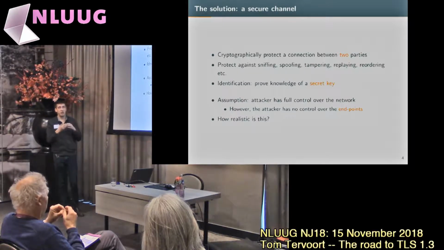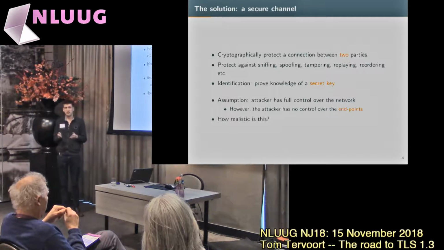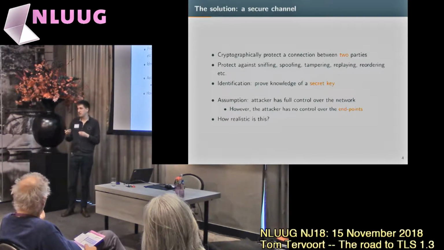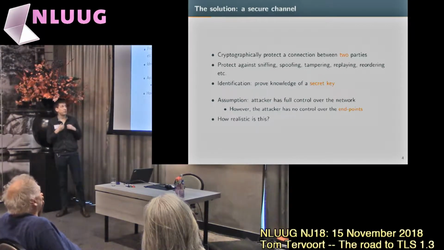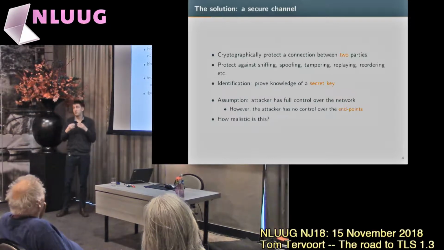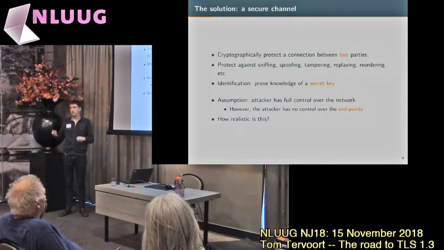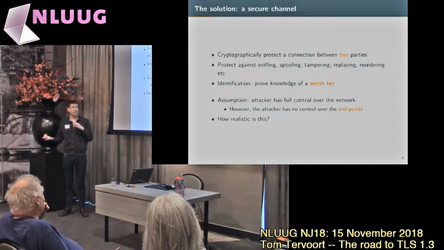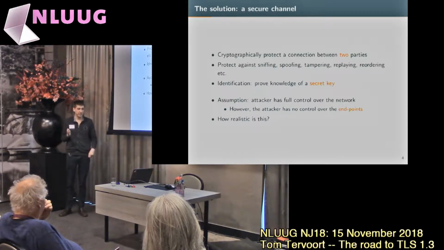Cryptography could be used to protect this connection. And protection can mean multiple things. In this context, you want to protect against people that can sniff the network traffic, that can see what messages go back and forth, but also against people who want to spoof the identity of one of the two communication partners, or who want to tamper with parts of the message so it says something else, replay existing messages they saw before, or just simply change their order, and similar kinds of attacks.